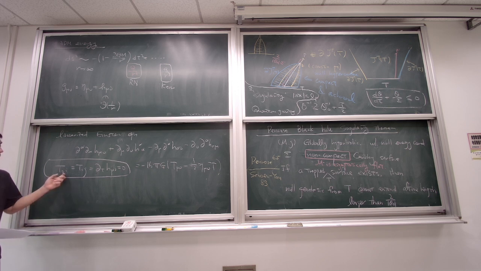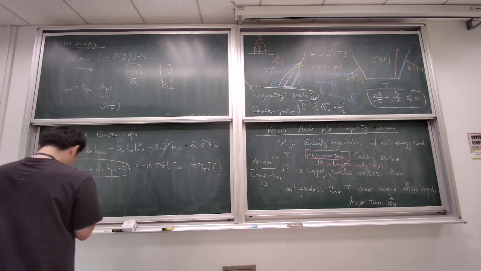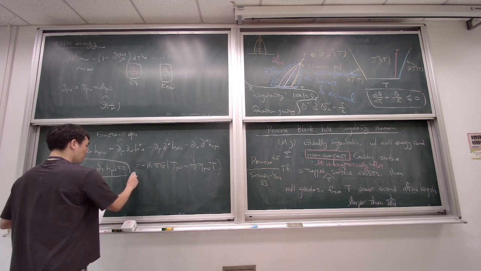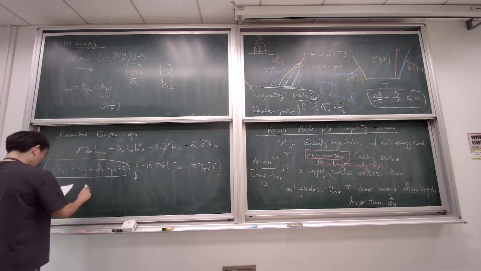I cannot justify this one fully; it is almost like a perfect fluid case. Let's assume this one. I cannot justify it physically at this moment, so next time I will explain. Sorry about it.